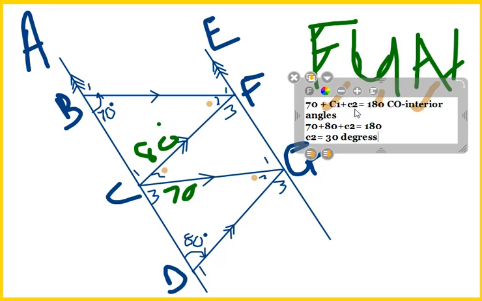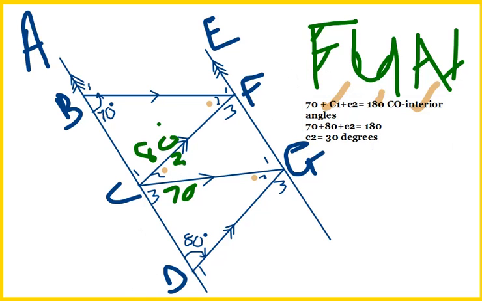We have 30 degrees for our C2. So let's fill that in. 30 degrees. And this 30 is equal to F2. So F2 is also going to be 30 because of alternating angles. And it's also going to be equal to this 30 for the same reason, alternating angles, if we can see our Z like that.